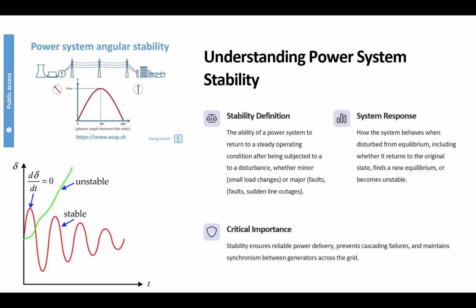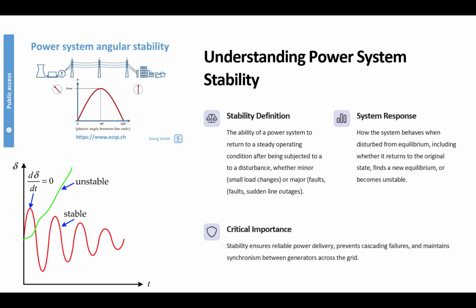The disturbance could be minor, like a small load change, okay? Or it could be a very large disturbance, like a fault or any type of malfunctioning in the system, okay? So the stability definition is the ability of the system to return to the steady state after any type of disturbance. Are we good so far?